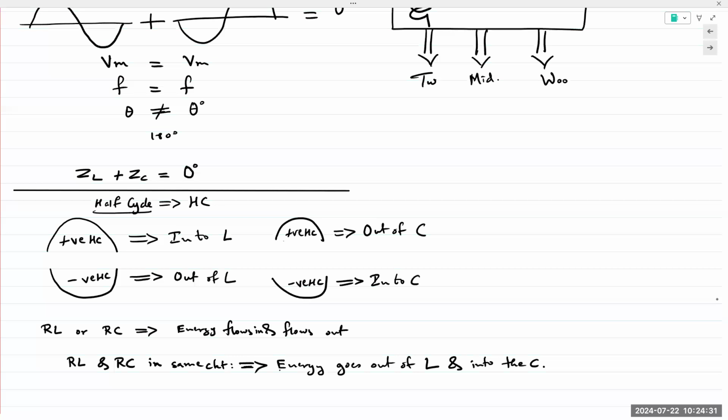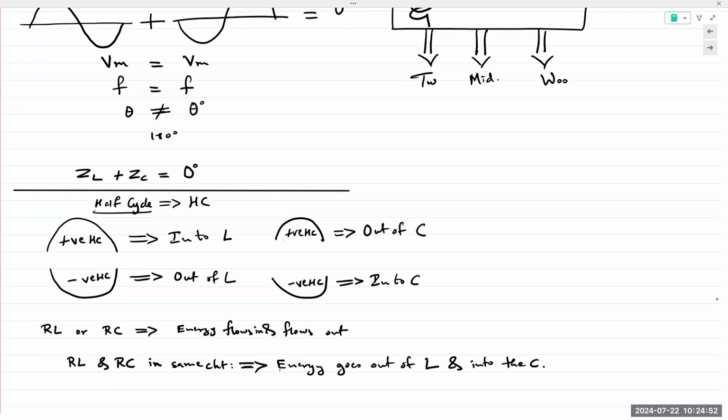If you have an inductor and a capacitor together in a circuit and you apply an AC voltage or AC current, the energy that is coming from the source flows into the inductor first. When it comes out of the inductor in the negative half cycle, it goes into the capacitor. The capacitor starts storing the energy.